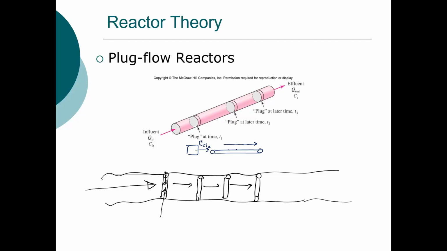So typically when we're looking at modeling flow in a river, we will use a plug flow reactor system for the description as it moves downstream. So just thought that was helpful to think about it.